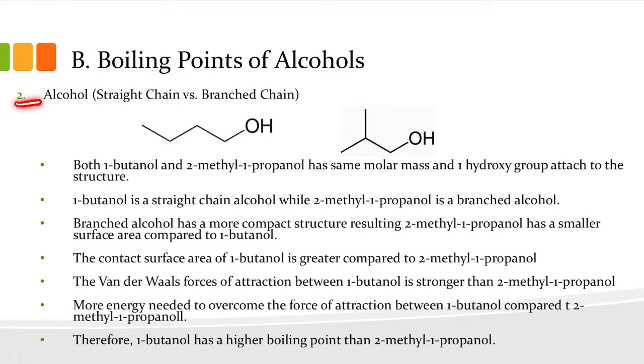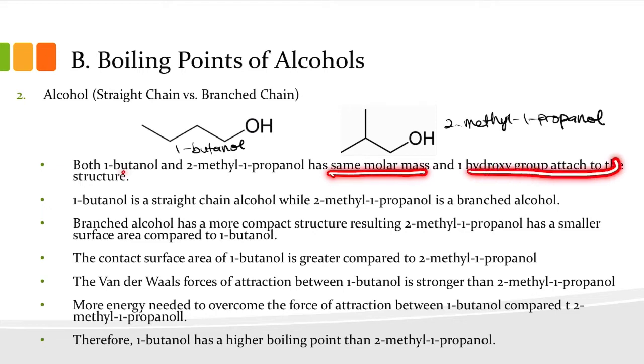The second category is when we compare the straight chain alcohol with the branch chain alcohol. In this case, we have 1-butanol versus 2-methyl-1-propanol. As we look closely, the number of carbons for these 2 structures is the same, in which both have 4 carbons. Therefore, they have the same molar mass and only 1 hydroxy group attached to the structure.